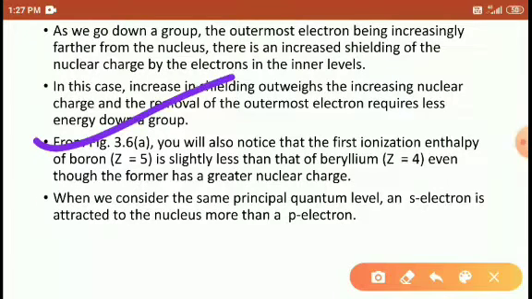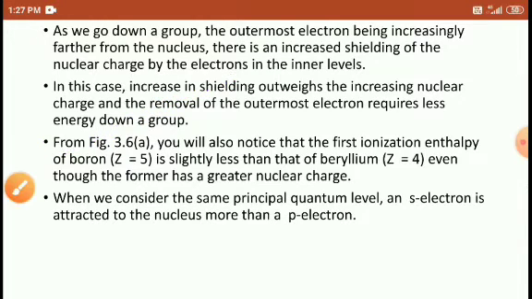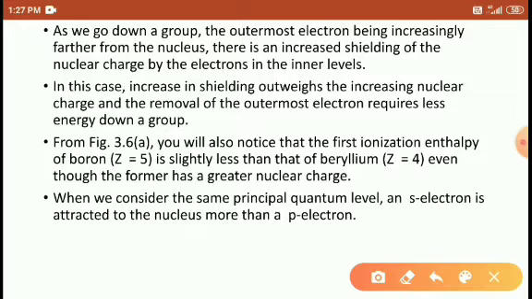Here is one example: the first ionization enthalpy of boron is slightly less than that of beryllium, even with the greater nuclear charge. Boron, atomic number 5, has a first ionization enthalpy less than that of beryllium. What has happened here?